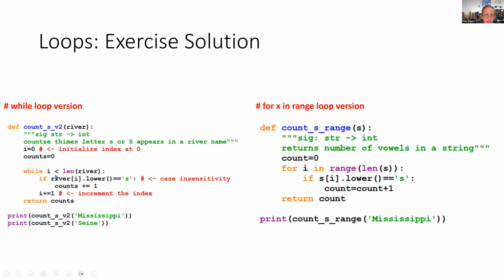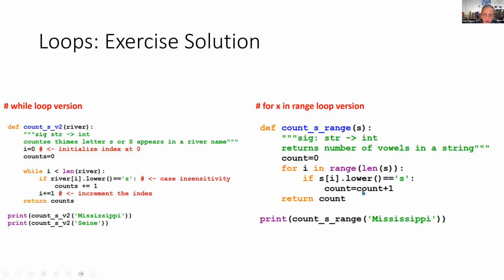Now, in this case, we needed to use the numeric index to pull out that character. And again, we need to do that. So we'll do s[i], and again, dealing with the case sensitivity, running it through the .lower(). And so we will compare to the s. Then if it is true, we will increment the count by 1.